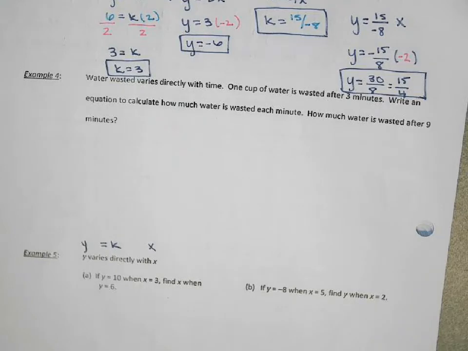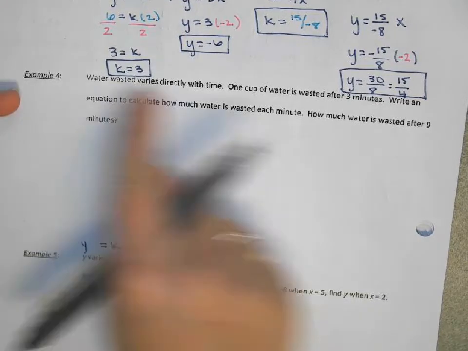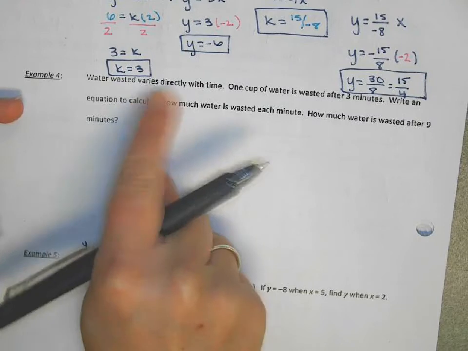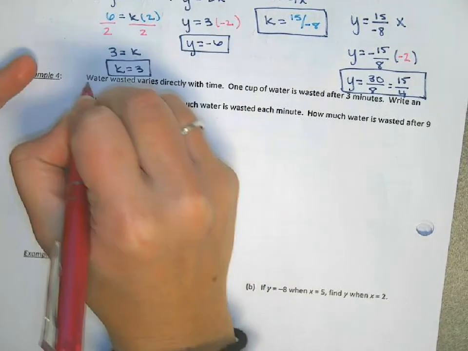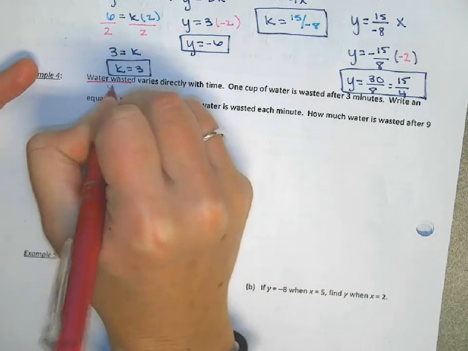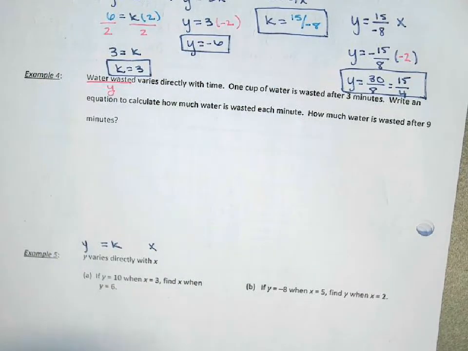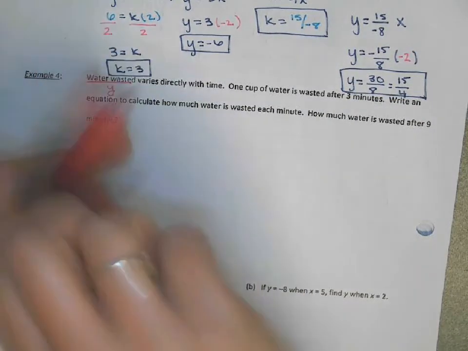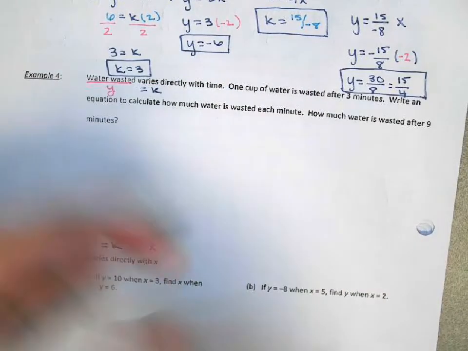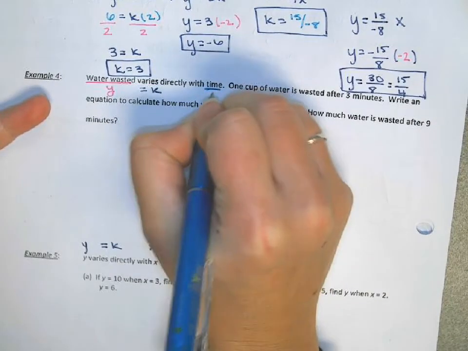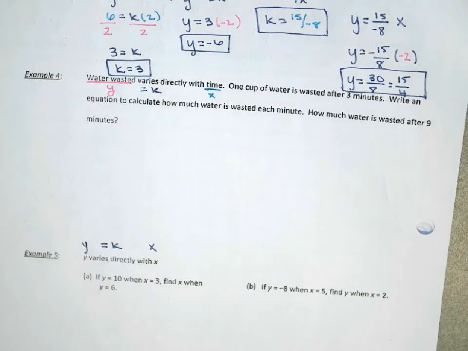Are you with me? So here, this says y varies directly with x. It is actually already telling you that your water wasted has to be y, because that comes first. Varies directly with says equals k, and then it tells you time must be x because that's what comes next.